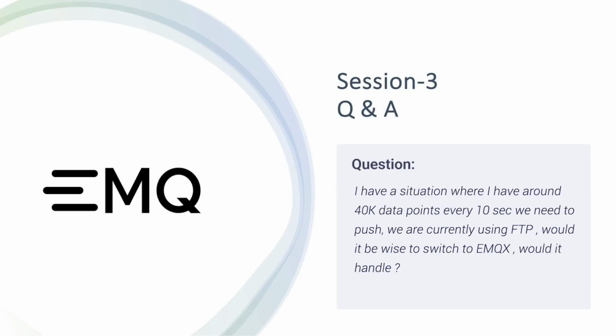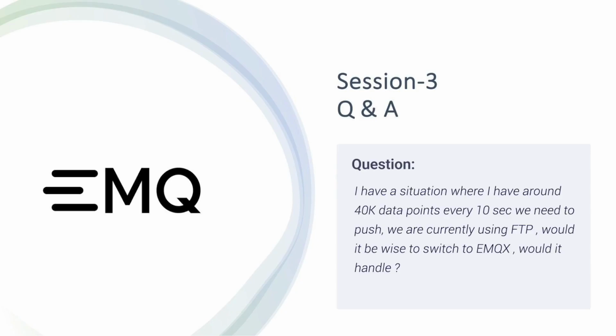Oh yeah, it's easy. 4K per second is not a problem as long as you use more than one connection. One connection may struggle, not because of EMQX, it's just in general. But if you can split this traffic across several clients, and total traffic is 40K per 10 seconds, it's fine.